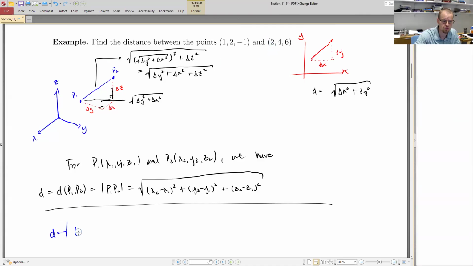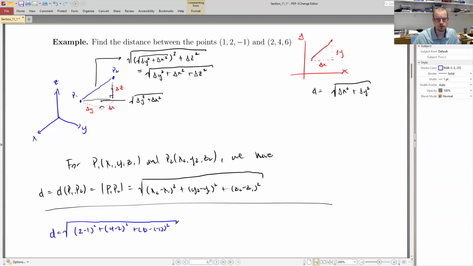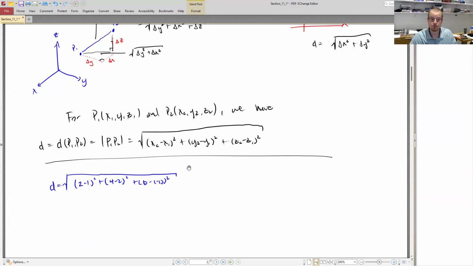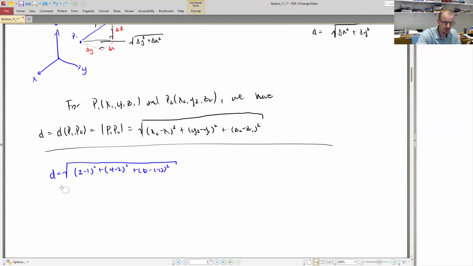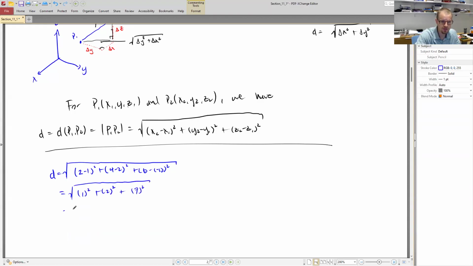So let's do 2 minus 1 squared plus 4 minus 2 squared plus 6 minus -1 squared. We've successfully plugged our values into the formula. We should simplify. 2 minus 1 is 1, 4 minus 2 is 2, 6 minus -1 is 7. So I can evaluate each of those.